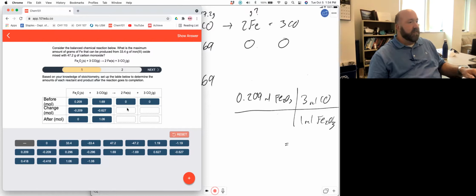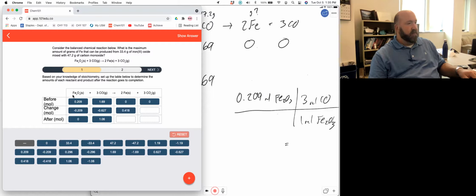But we can also fill out these other two. So again, based on our limiting reactant, we're going to use 0.209 moles of Fe2O3. For every 1 mole of Fe2O3 used, we form 2 moles of iron. So 0.209 times 2 is going to be a change of 0.418 for our iron.